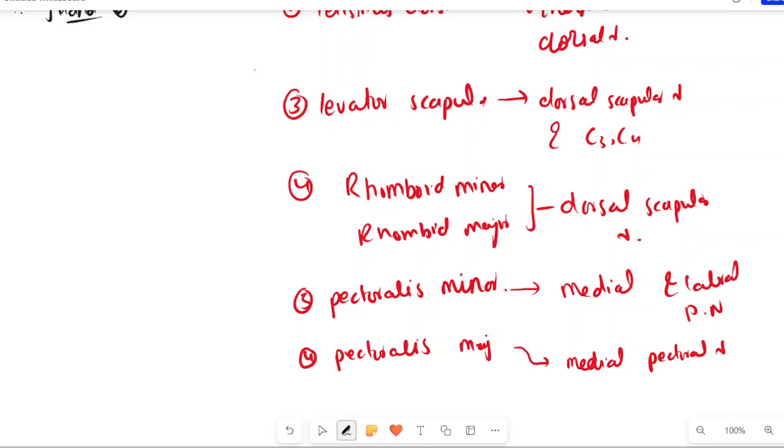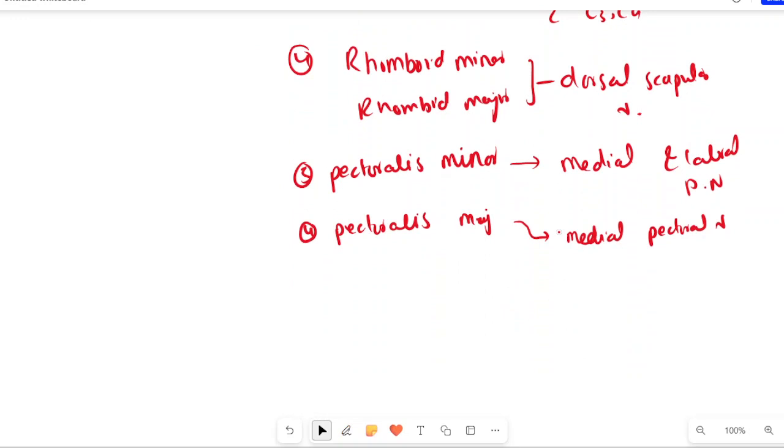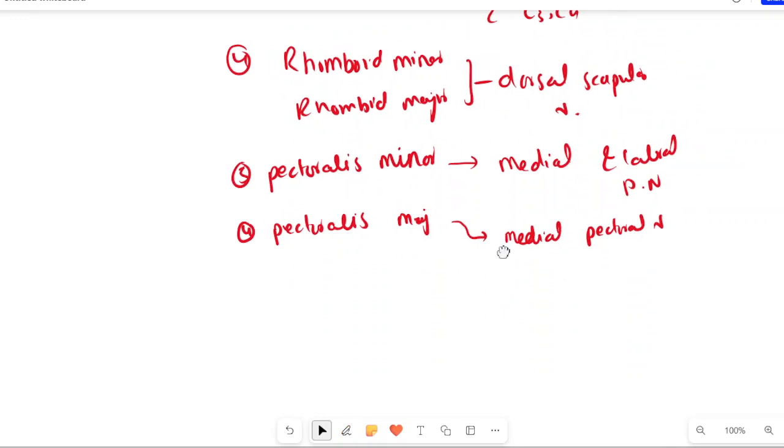The two other muscles are the subclavius and serratus anterior. Number 7 is the subclavius muscle, and number 8 is serratus anterior.